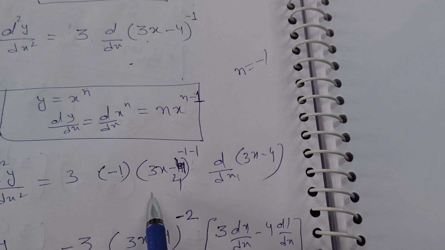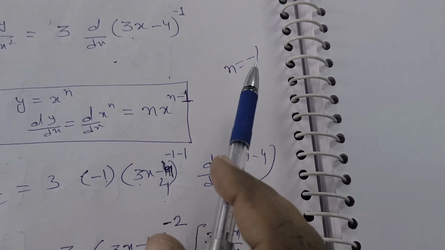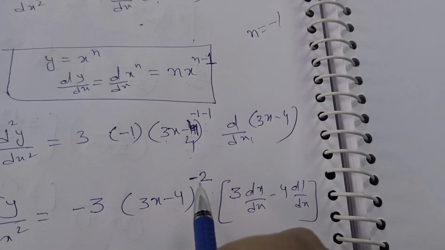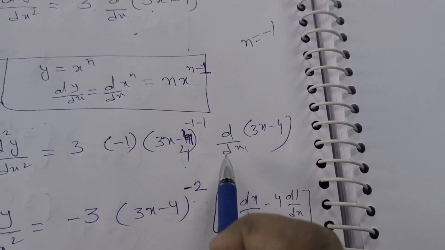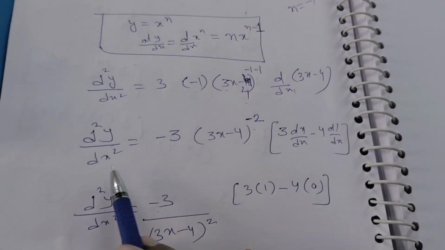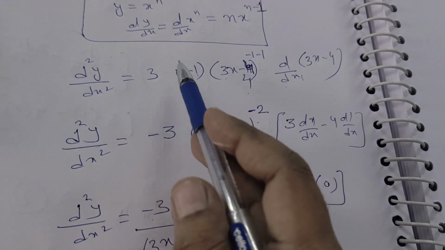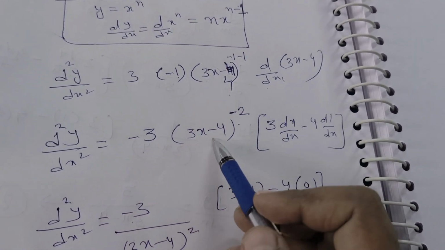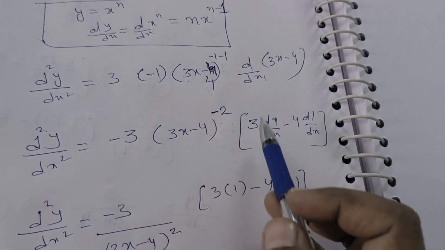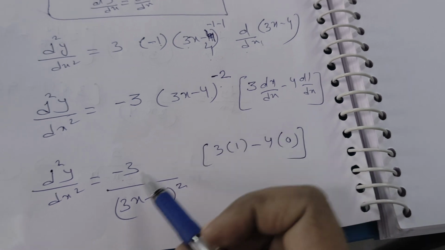So minus 1 into 3x minus 4 whole to the power of n minus 1, means minus 1 minus 1 is minus 2. Again inner derivative of this, d by dx of 3x minus 4. d square y by dx square is equal to this minus 1 into 3 is minus 3. This becomes 3x minus 4 whole power of minus 2. 3 dx by dx minus 4 d1 by dx.